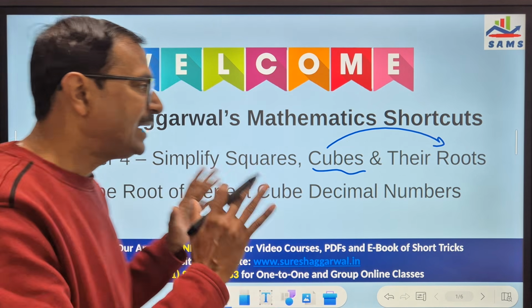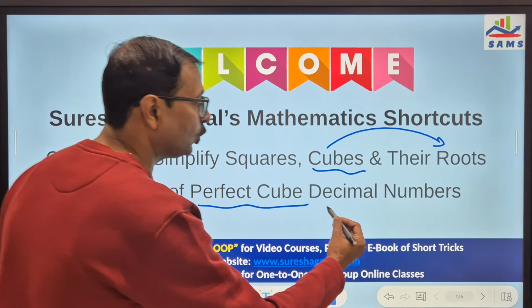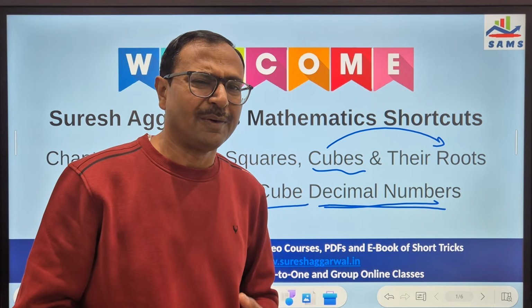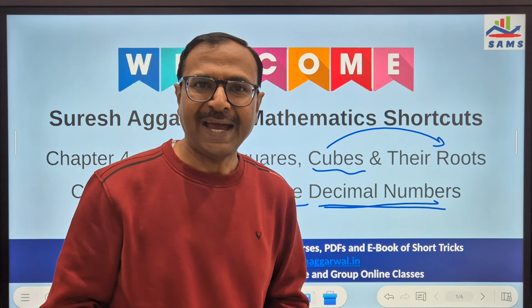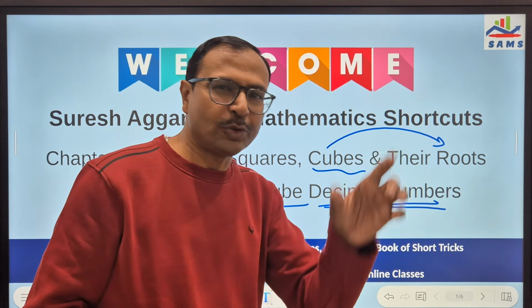So this video is an extension of that method, which is the cube root of perfect cube decimal numbers. When we talk about decimal numbers, obviously students get scared, but suddenly you realize it's not all that scary if you know the basics.